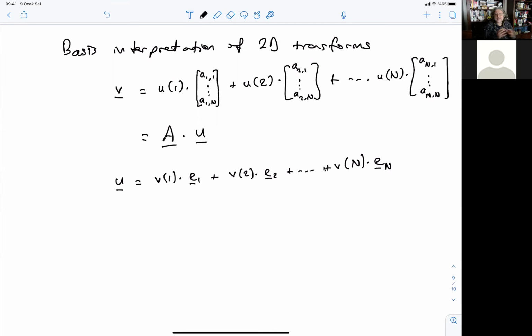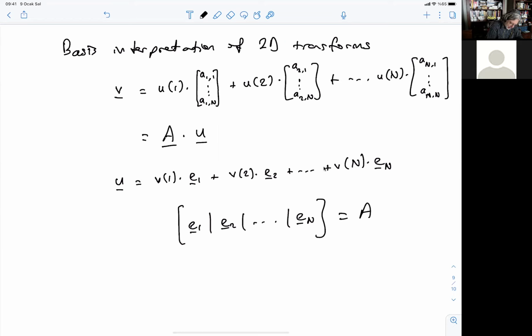So this defines the representation of U in terms of a new basis of E1, E2, all the way up to En, which will form A inverse matrix. If you stack them up like this, this matrix is supposed to achieve A inverse matrix, or you can call it, let's say, B matrix, whatever.